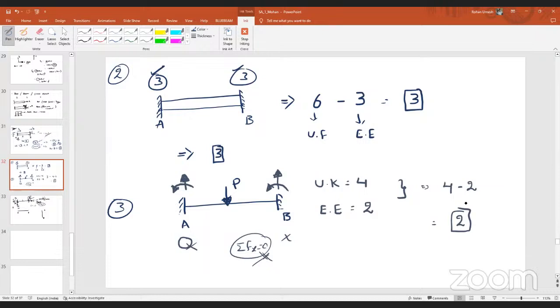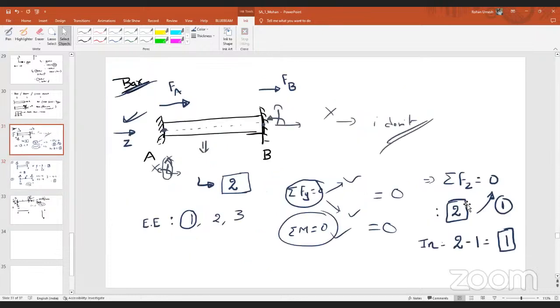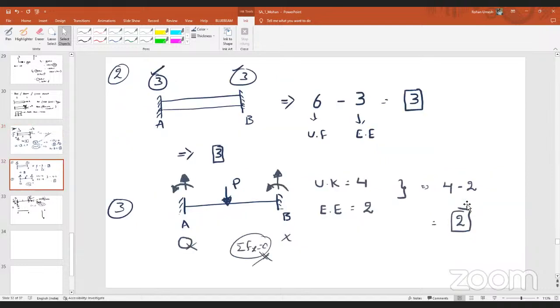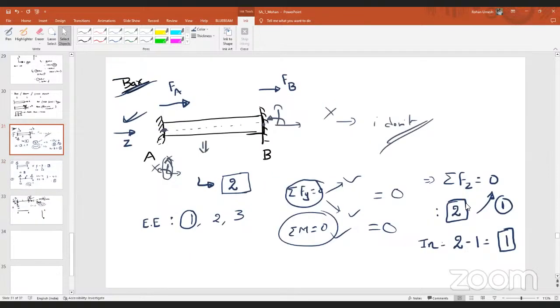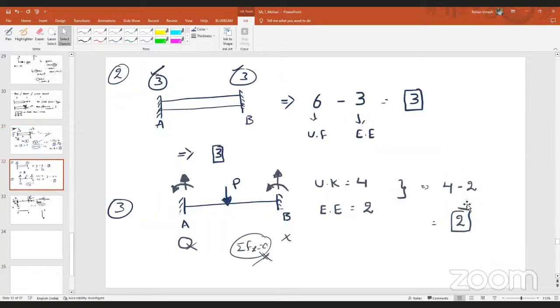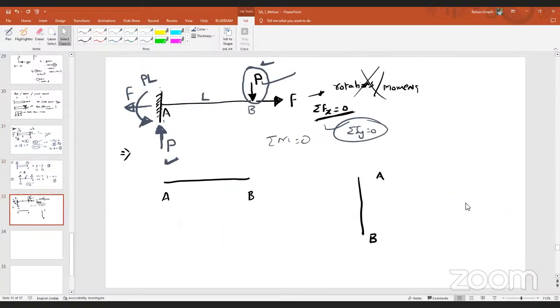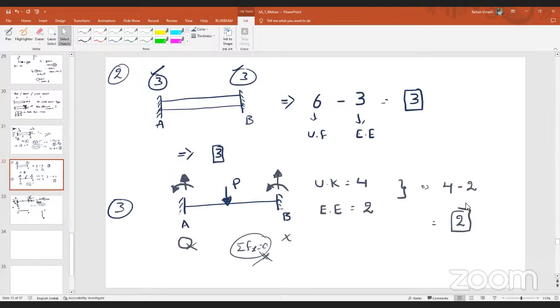Is it clear? Any doubt in these 3 cases? In the first case, we dealt with only axial forces. In the second case, we discussed in a generic way. And in the third case, we discussed a specific loading case. See the indeterminacy value: in the first case it is 1, in the second case it is 3, and in the third case it is 2.